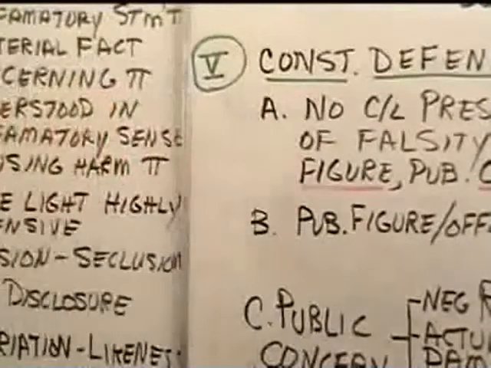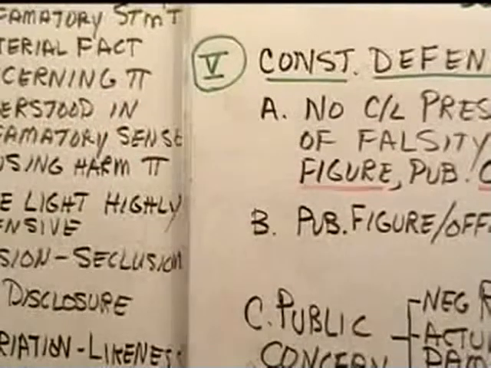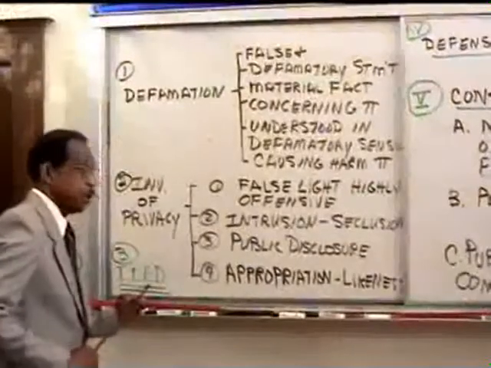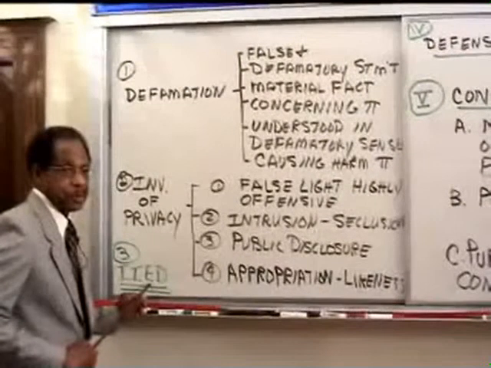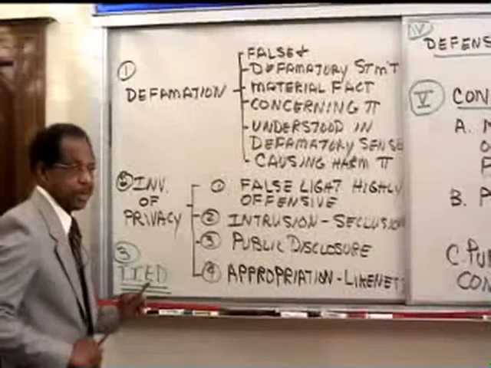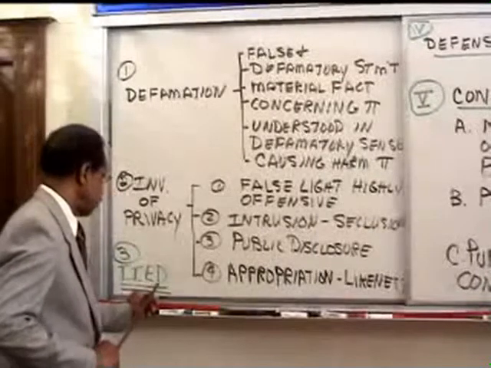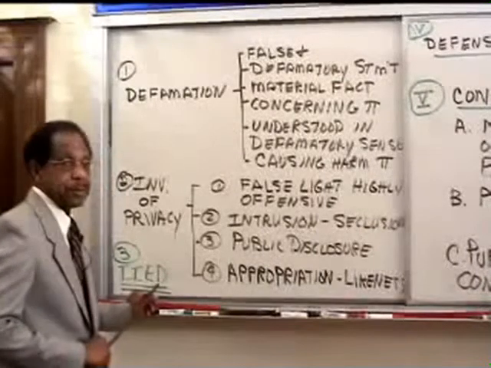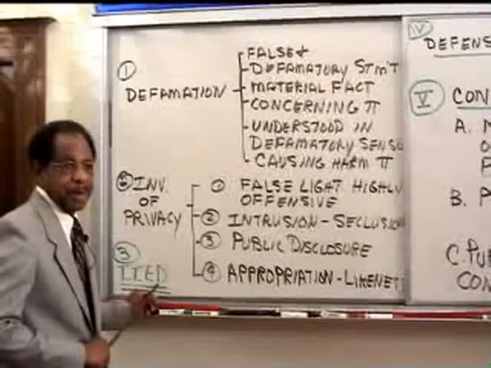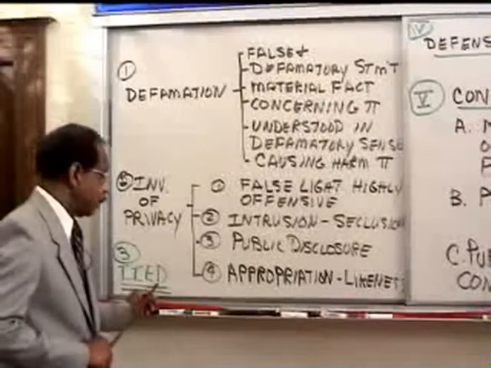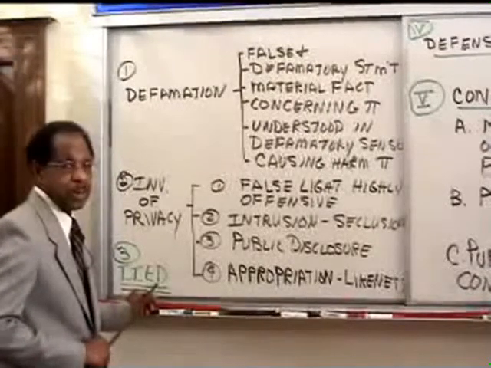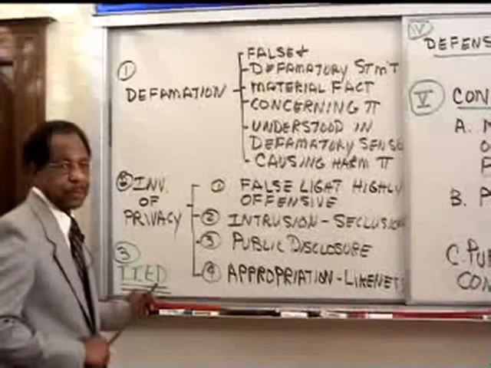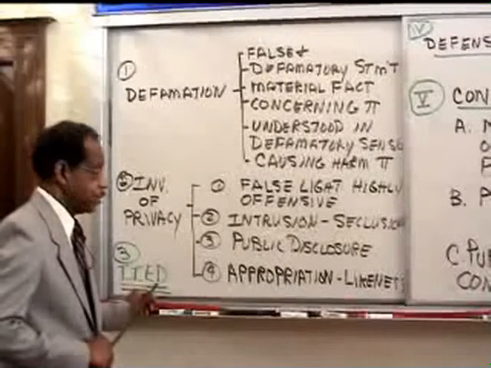And then finally comes the intentional infliction of severe emotional distress, which has its elements, namely that the person acted in an extreme and outrageous manner. Extreme and outrageous conduct which was intended to inflict severe emotional distress.